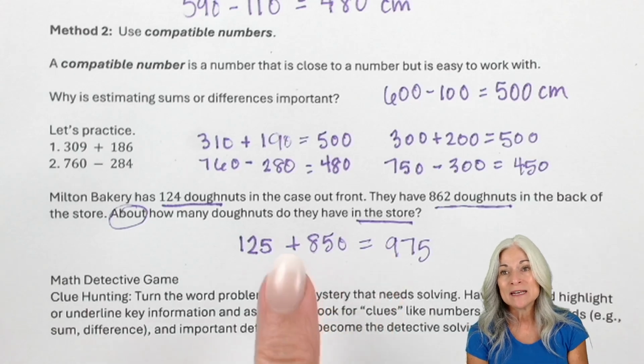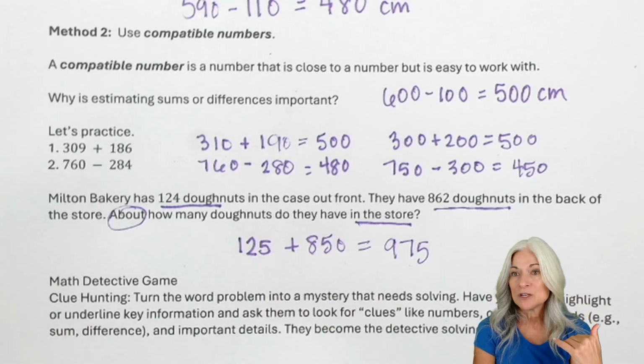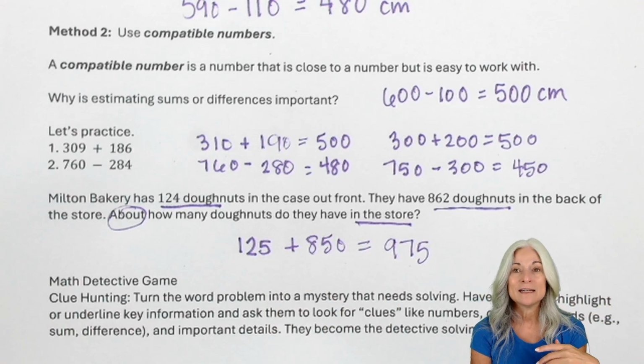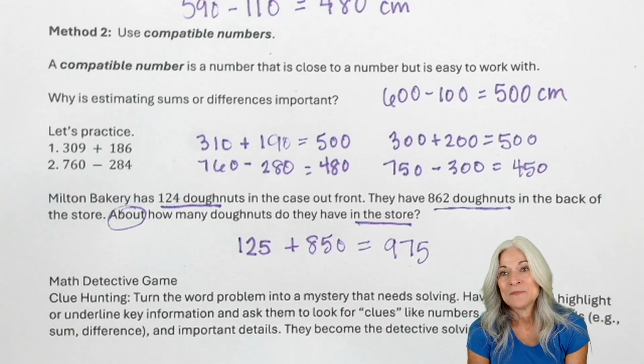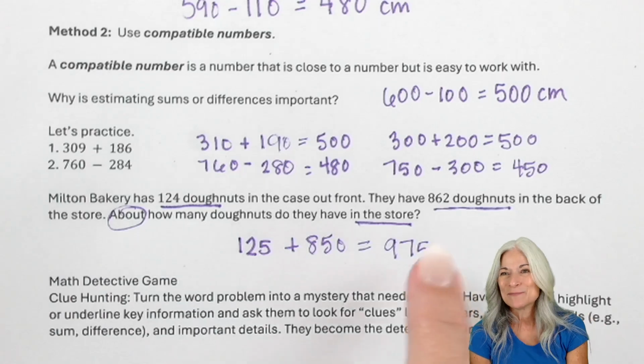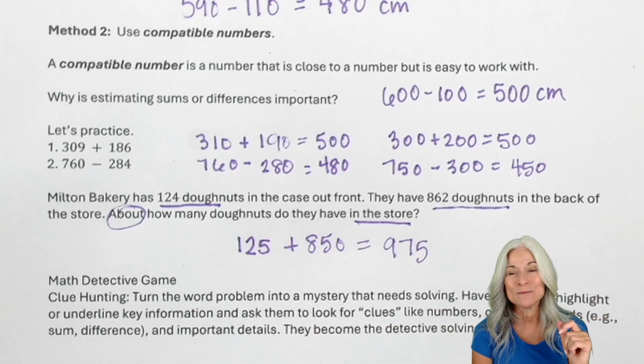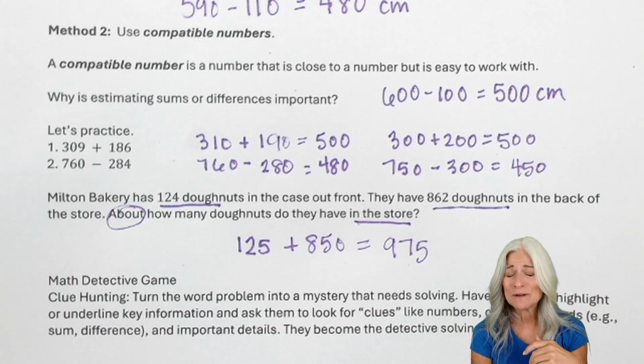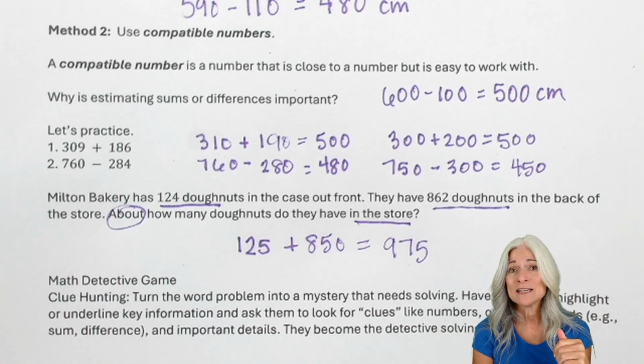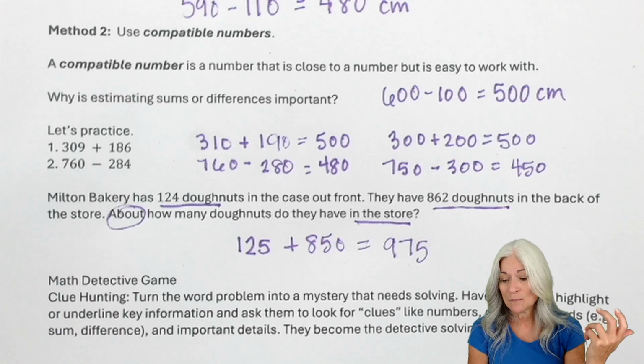So maybe I made a mistake when I was using the algorithm and my answer ended up being something like 500. Well, if this is my estimate, I know that's not reasonable. Also, estimating is a super important real world skill to have when you're out and you're paying your bill, you're ordering from a restaurant. It's important to be able to estimate, know how much things are going to cost.